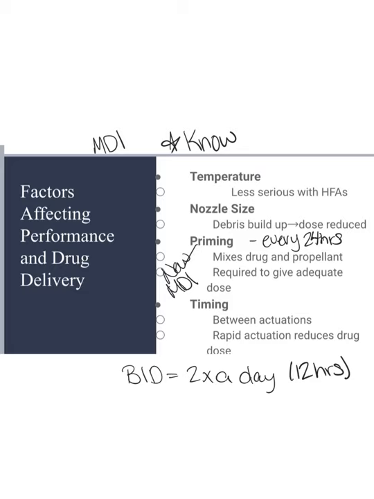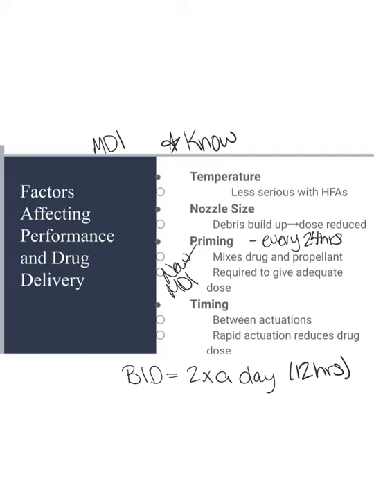They do 1 puff, 1 actuation. Inhale, take a deep breath and hold it for 10 seconds and then let it go. And that's when they need to wait 30 seconds to a minute. And if they can't remember how long they need to wait, they can always read the little pamphlet that's inside the drug.